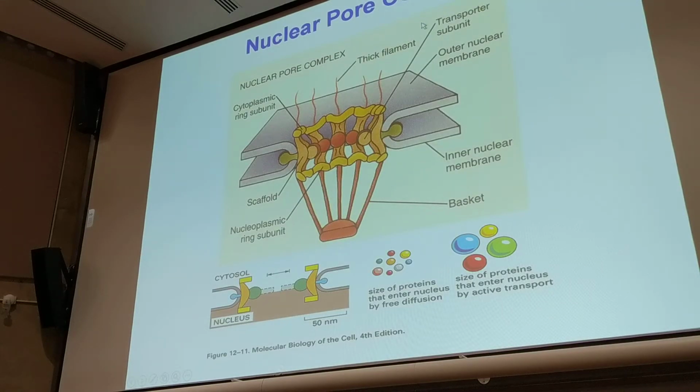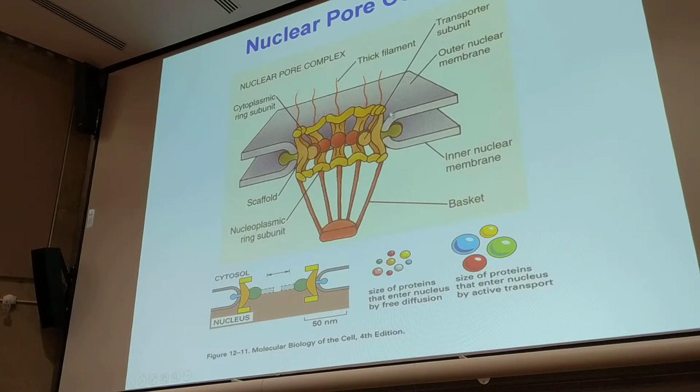So this is the structure of the nuclear pore. It's not symmetrical. It's different from the outside and the inside. It has ring subunits here, but importantly, it contains protein subunits that are responsible for attaching the nuclear pore to the nuclear envelope.